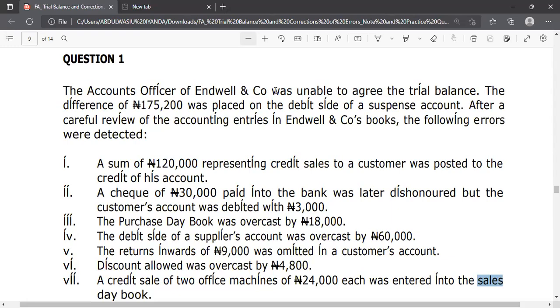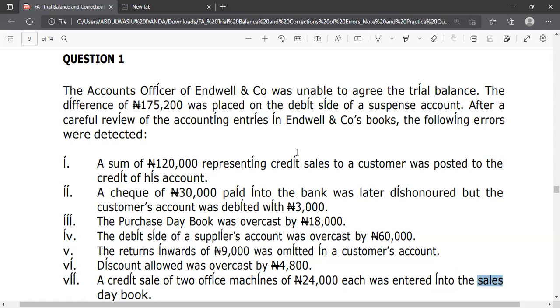Okay. The accounts officer of Enware and Co. was unable to agree the trial balance, meaning that the trial balance does not balance as a result of something. The trial balance does not agree, a difference of 175,200 was placed on the debit side of the suspense account.